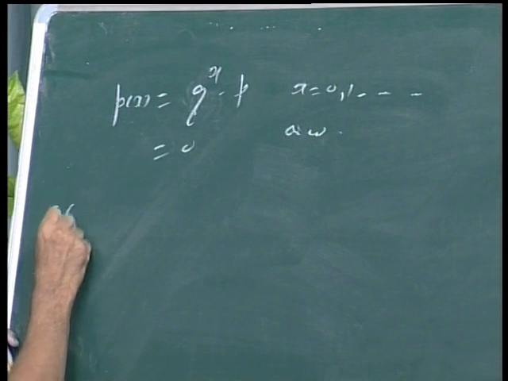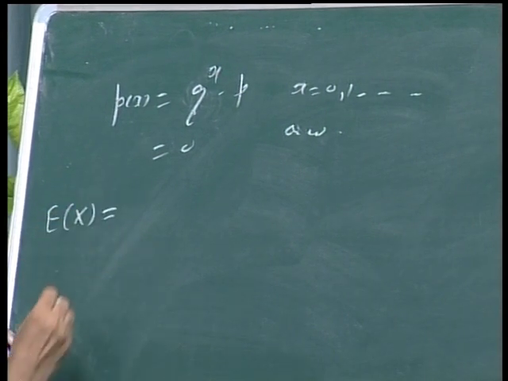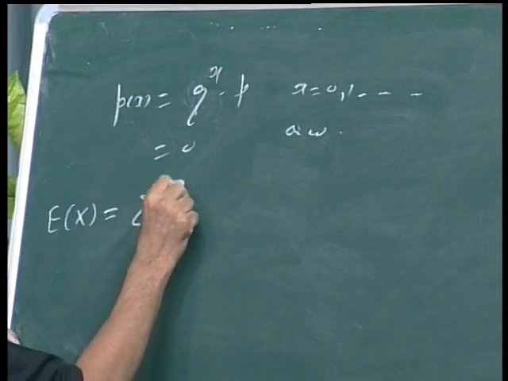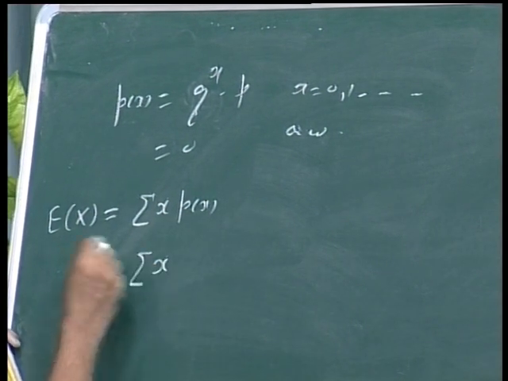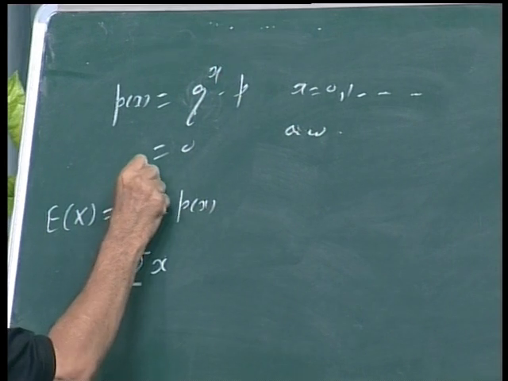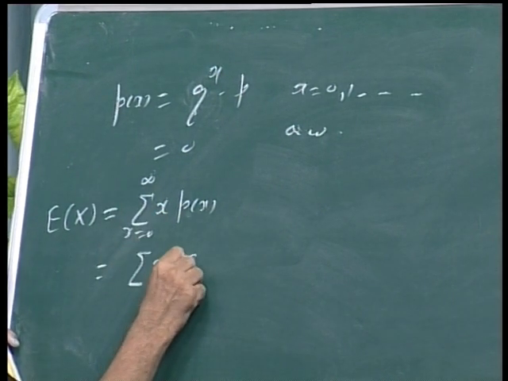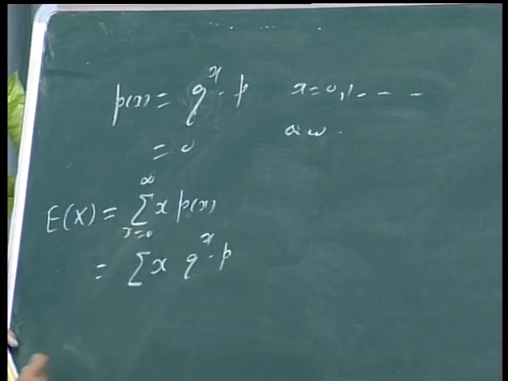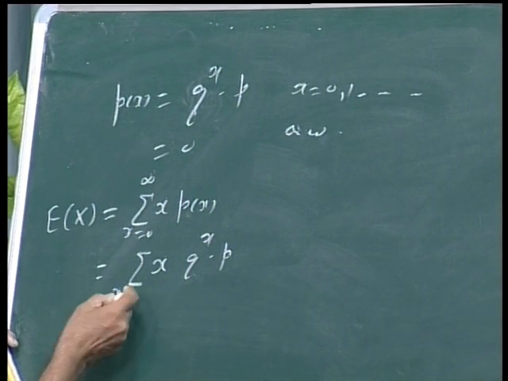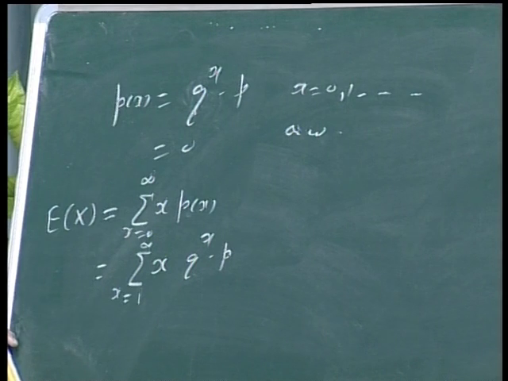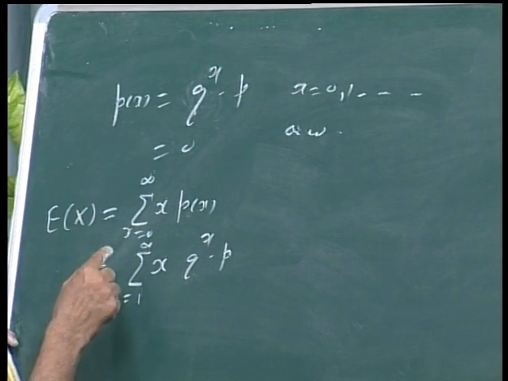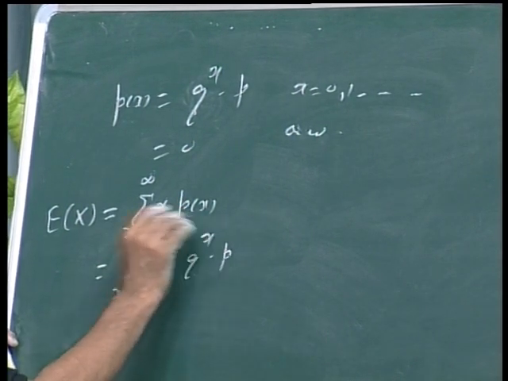Now suppose I want to find the mean here, expected x, so this is sigma x p(x), where x is starting from 0 to infinity, p(x) means q raised to x into p. But here instead of 0 I may start from 1 onward, then also there is no problem, because for x equal to 0, this is going to be 0.